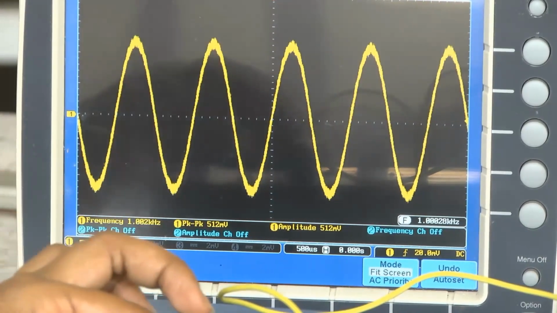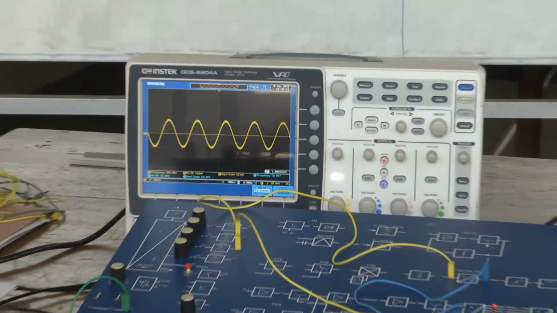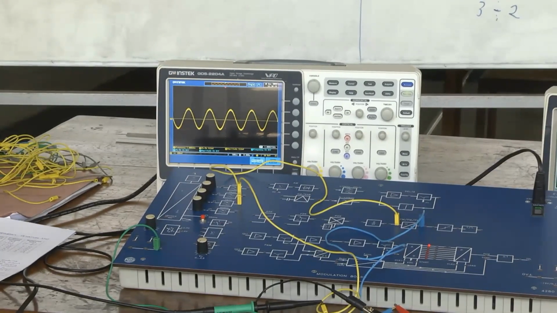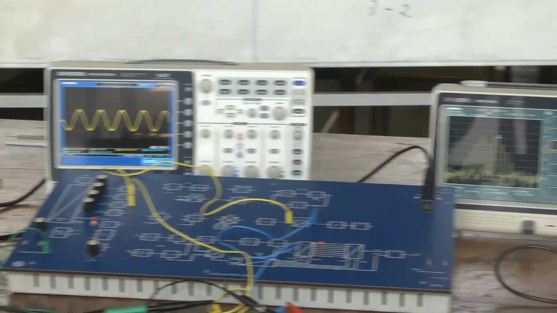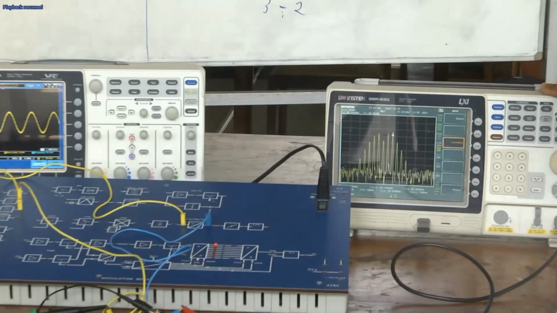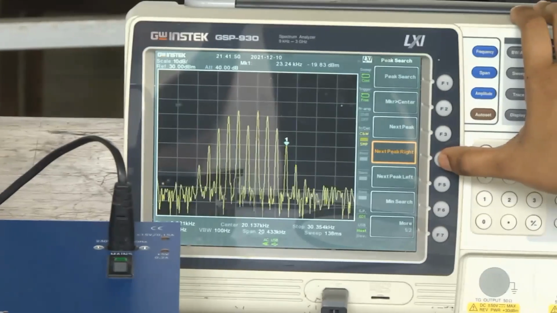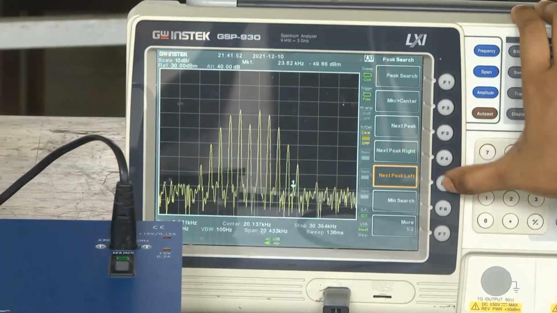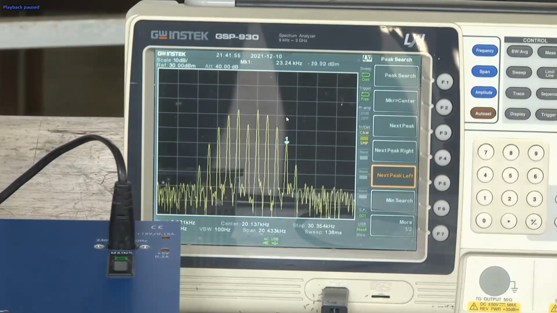We are checking this for the 1 kilohertz input. Okay, you can note down the maximum frequency value.